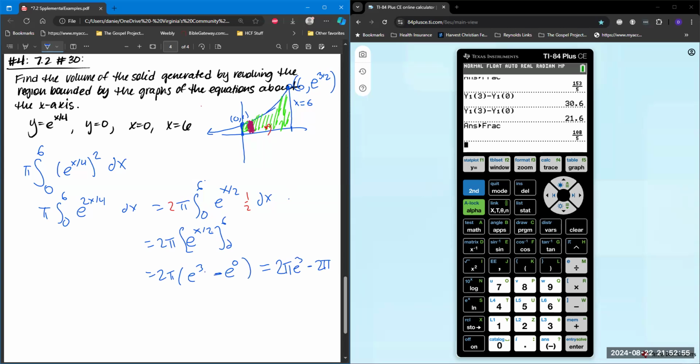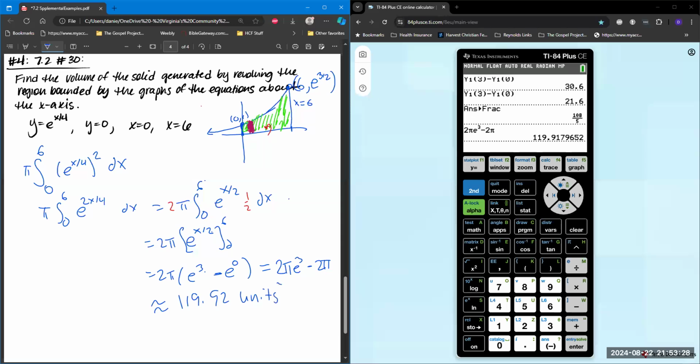So let's approximate that here. 2 pi e to the 3rd minus 2 pi is going to be about 119.92.